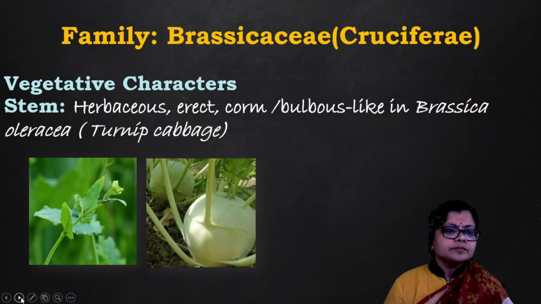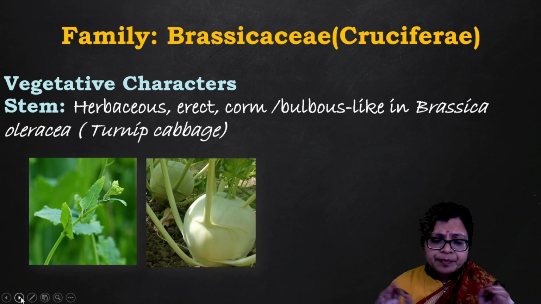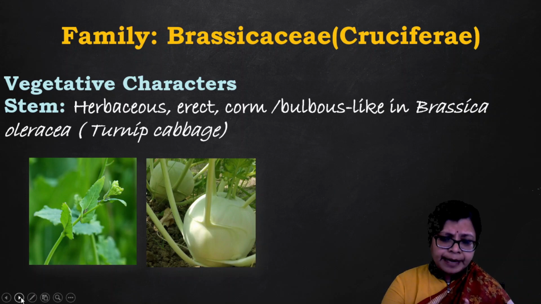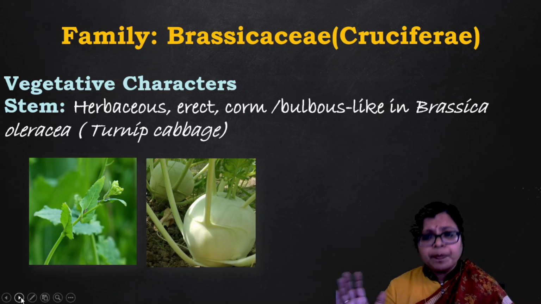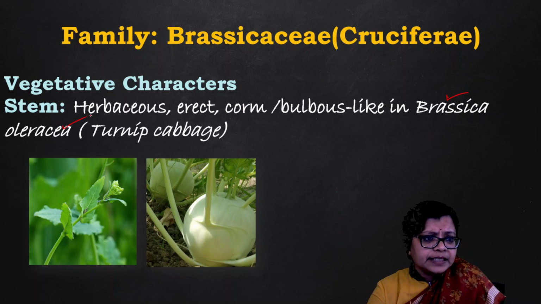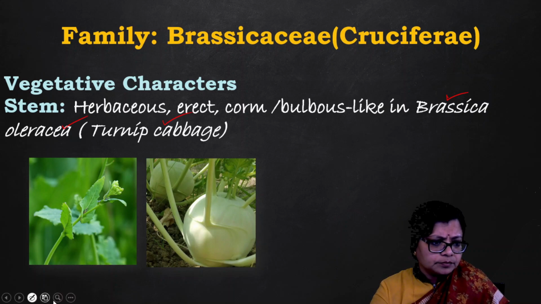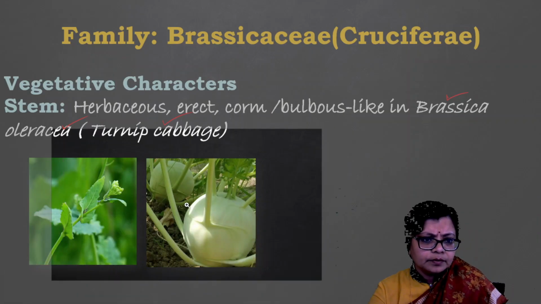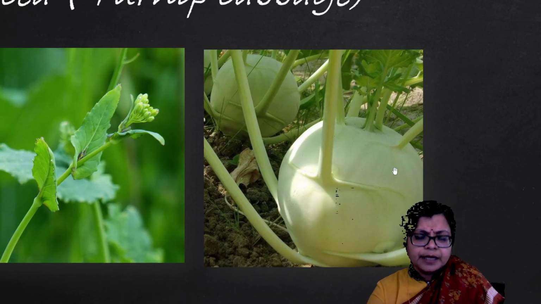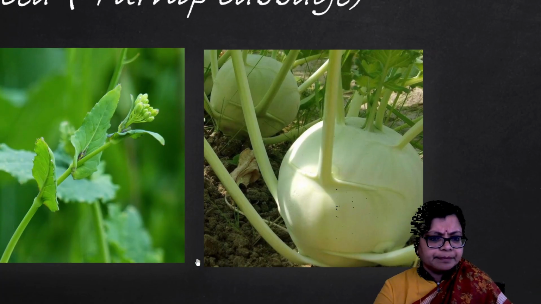Next, stem, herbaceous, erect, but in some members this stem is bulbous like. For example, Brassica oleracea, that is turnip cabbage. This one, this is the turnip cabbage. So the modified stem.